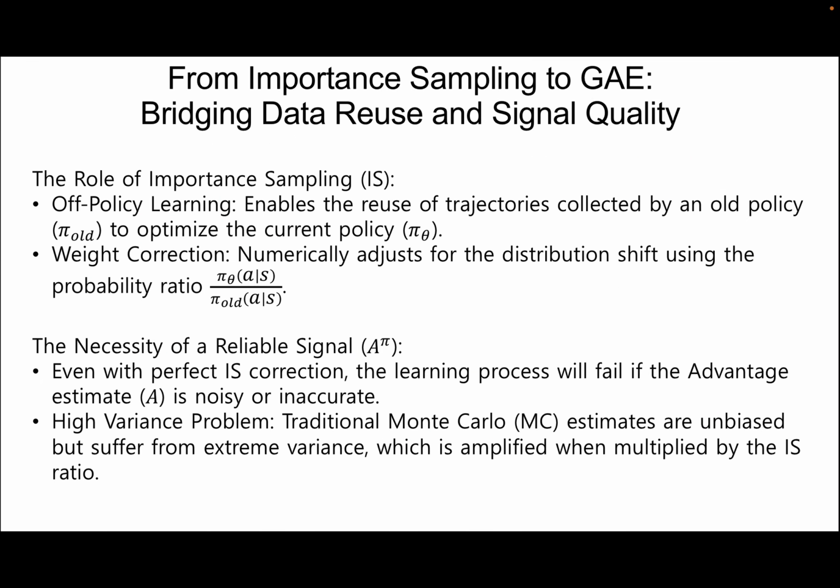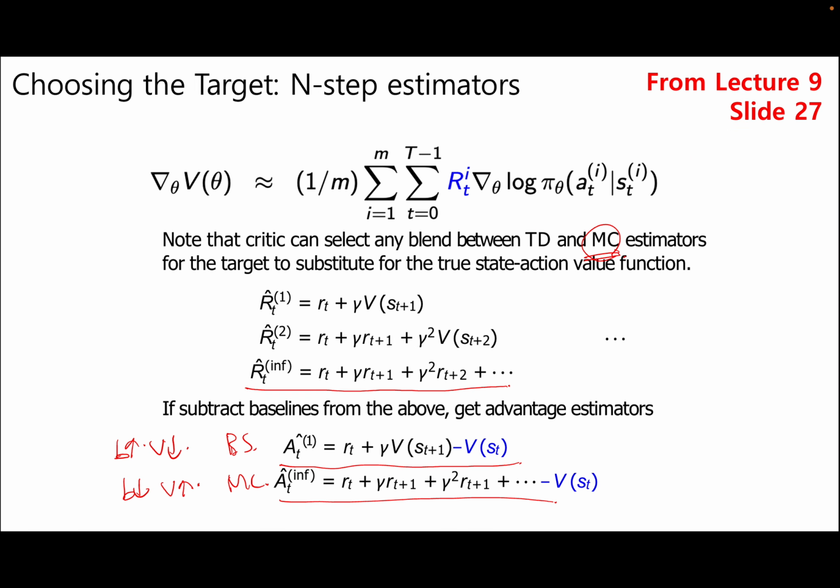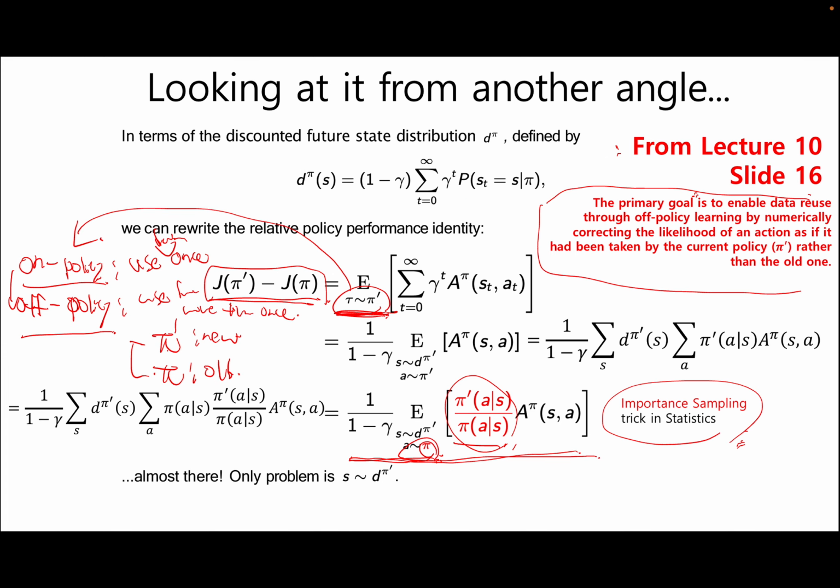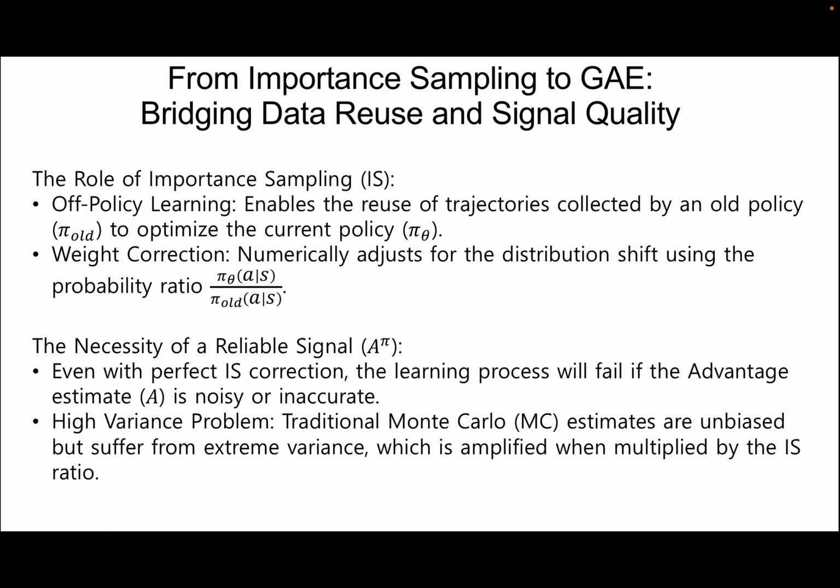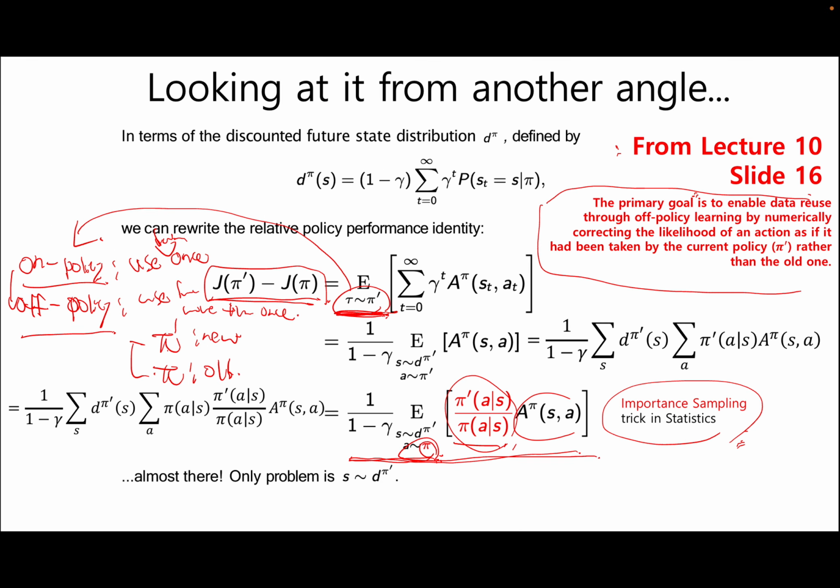So based on the n-step estimator and importance sampling, we'd like to transition to off-policy. GAE is where we combine importance sampling, but we'd like to improve the advantage.